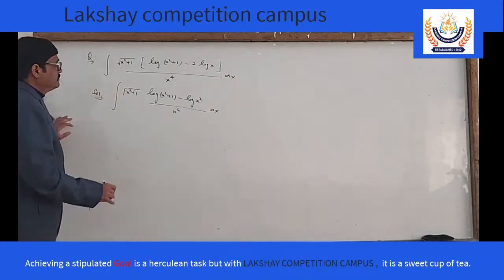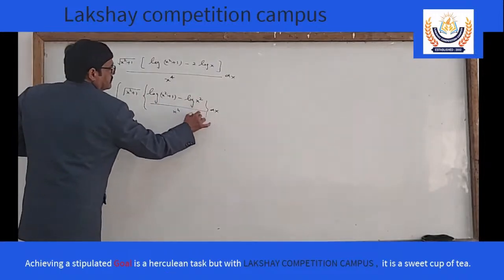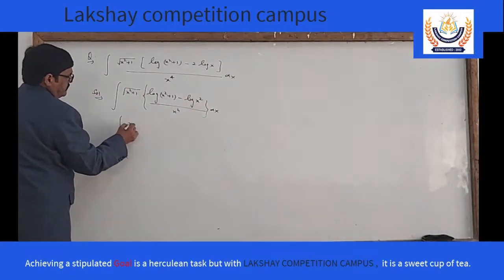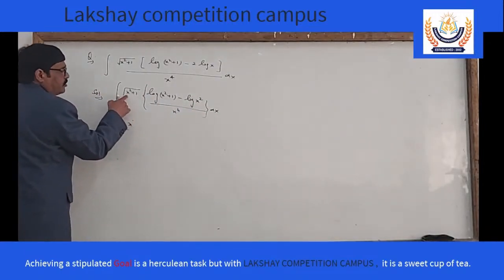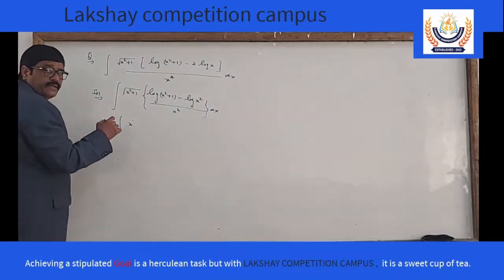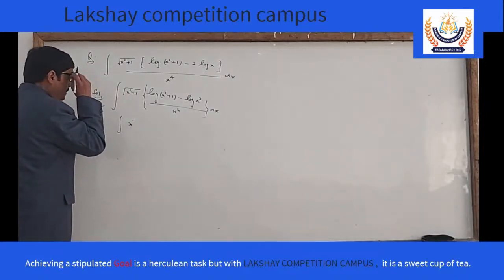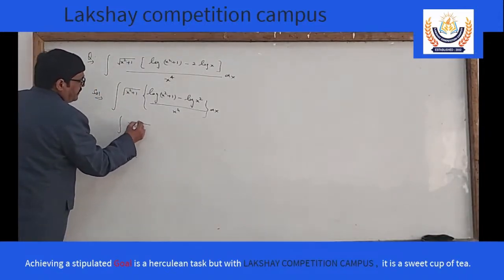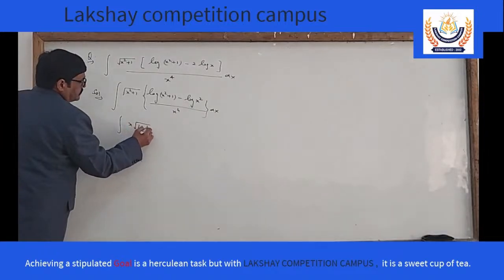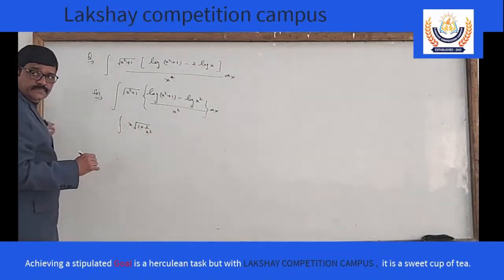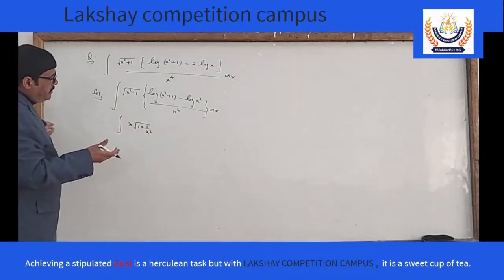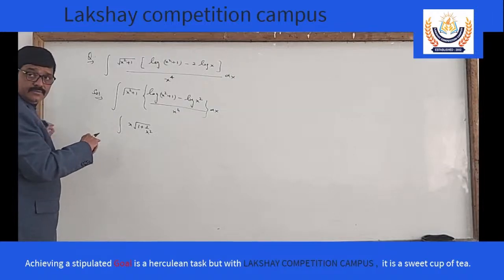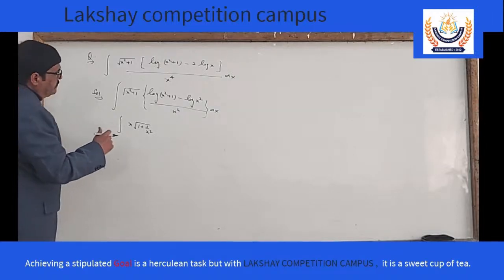Clear? Here we have x square. You find x square as common, and that will become 1 upon... You find x square as common, and square root से बाहर, after the square root you find x.